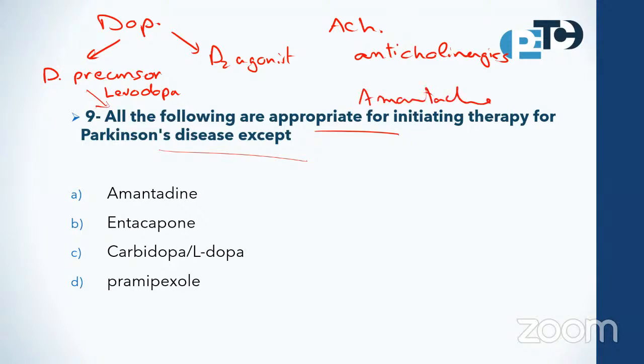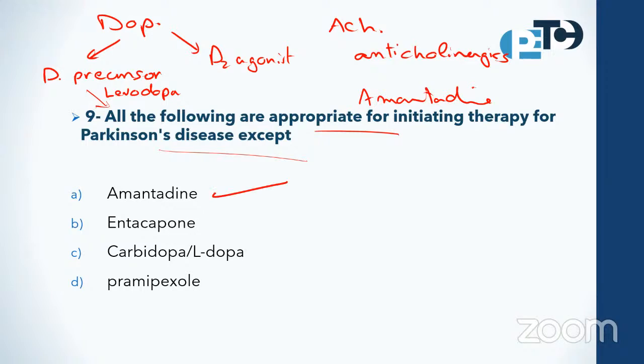Amantadine is a drug having effect on cholinergic receptors and on dopamine receptors. So it will be a good choice for Parkinson's. Even if it is not the first line, we can depend on it. So here we have amantadine. It is used. Entacapone, is it a drug for Parkinson's or not?